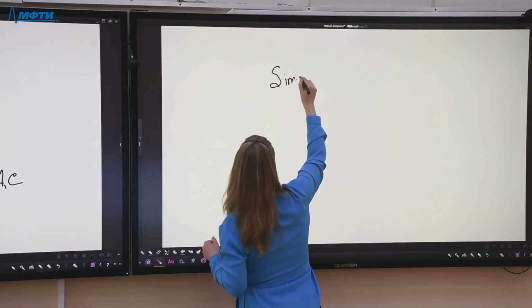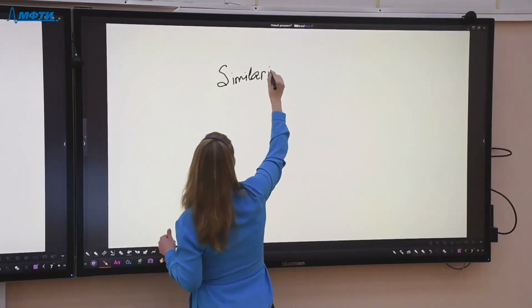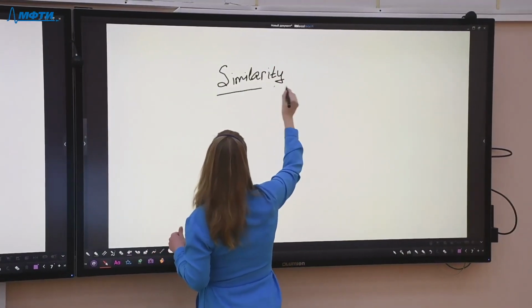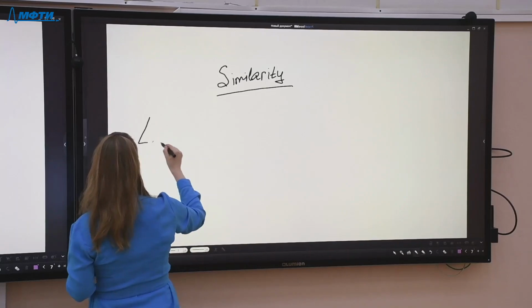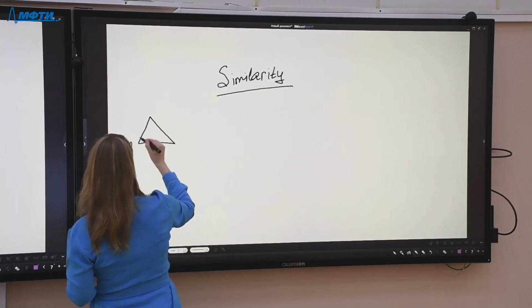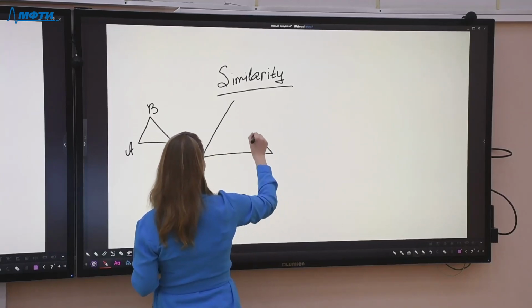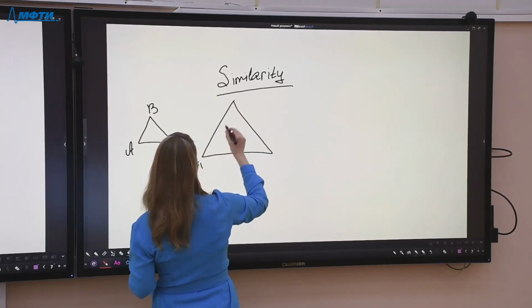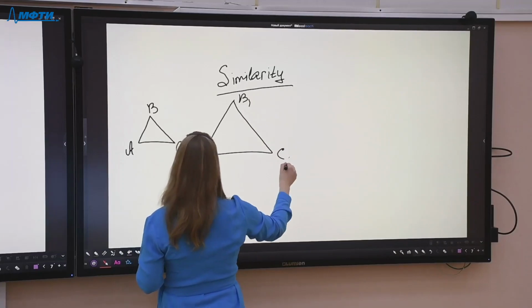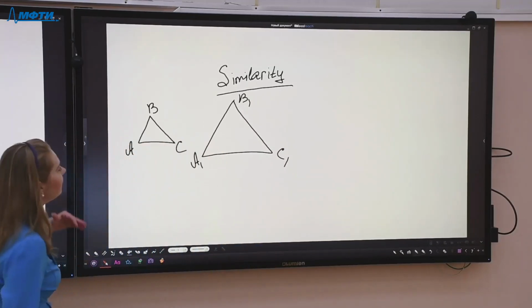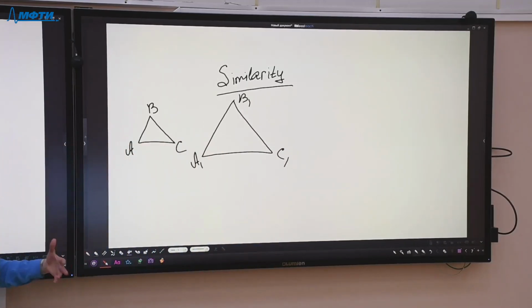So, similarity. So this is A, B, C, and this is A1, B1, C1. They have different sizes, but they have the same shape.